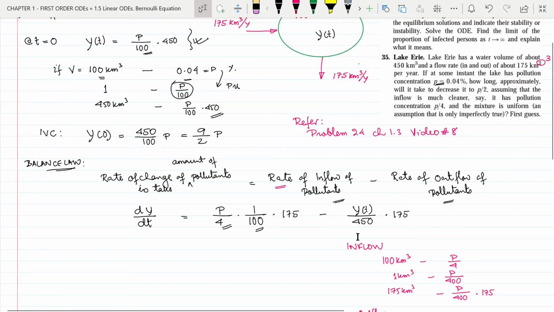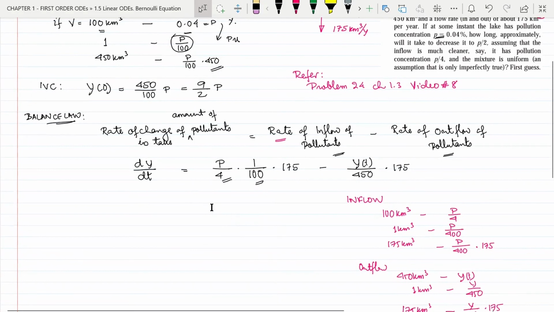But this outflow rate depends on the amount of pollutants inside the lake. So this outflow term is a variable term. That is why there is a Yt term multiplied here. Now let us simplify this differential equation.